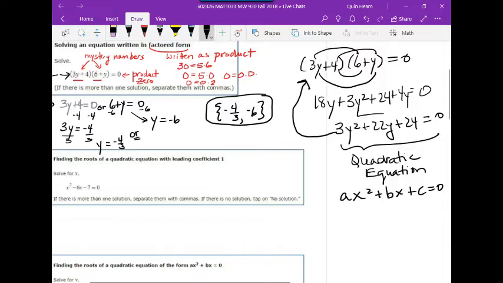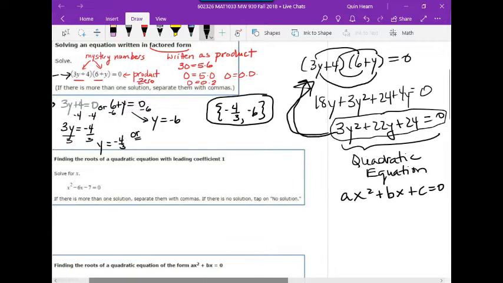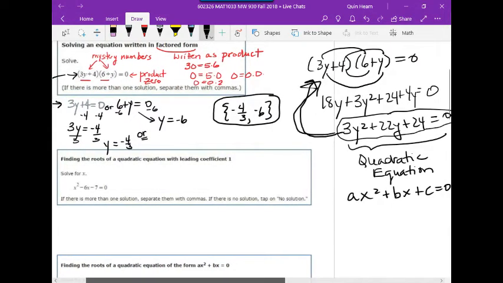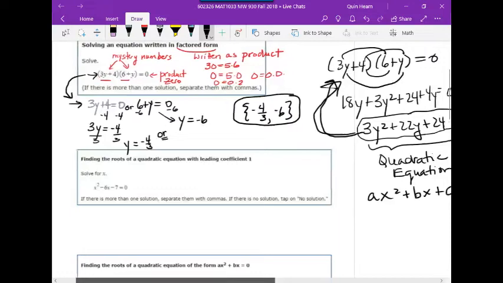So if I had been given this equation, 3y squared plus 22y plus 24, I would rewrite it as a product. I would factor it out. That way I can use the zero factor property.